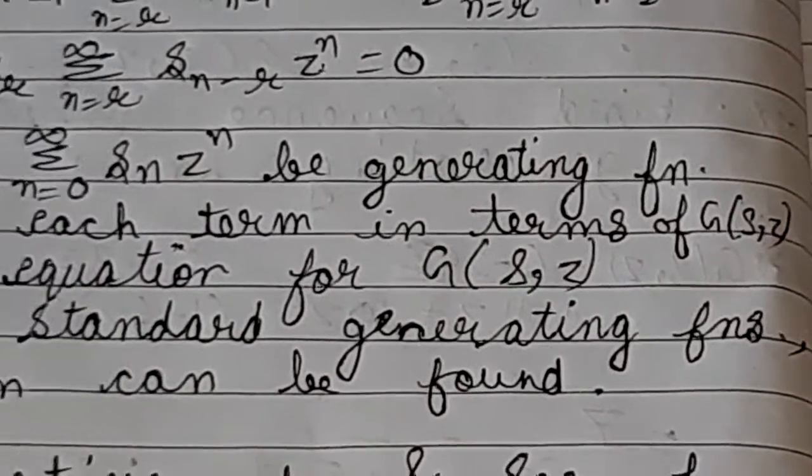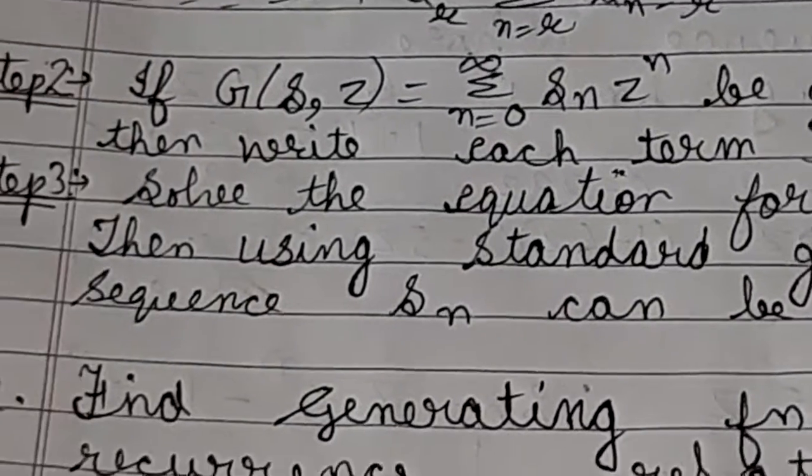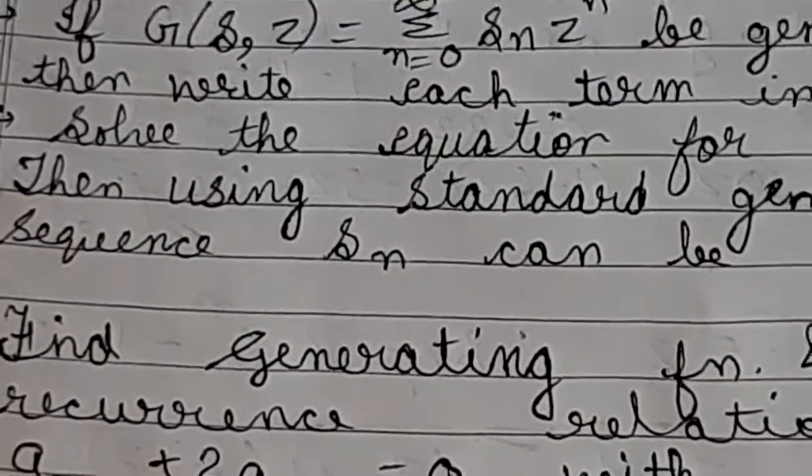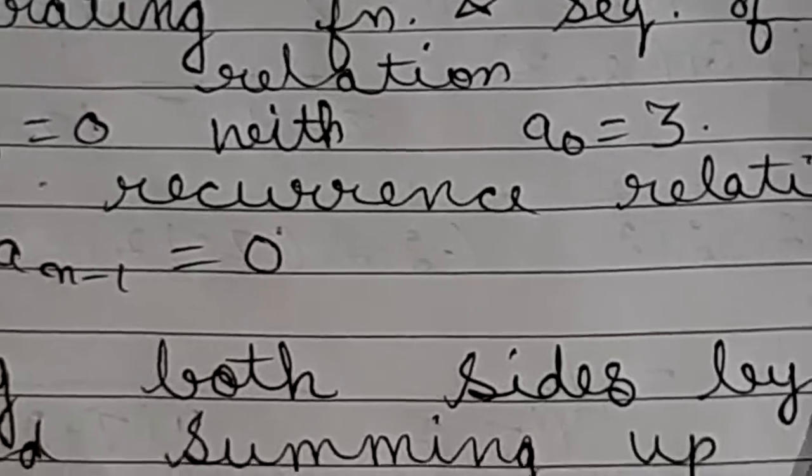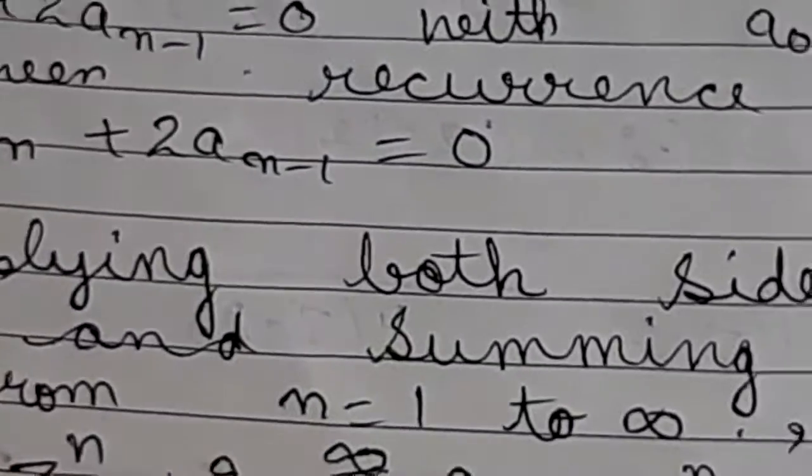So in the first term we have summation n varies from 1 to infinity an z^n. But here n varies from 1 to infinity, and we want from 0 to infinity.